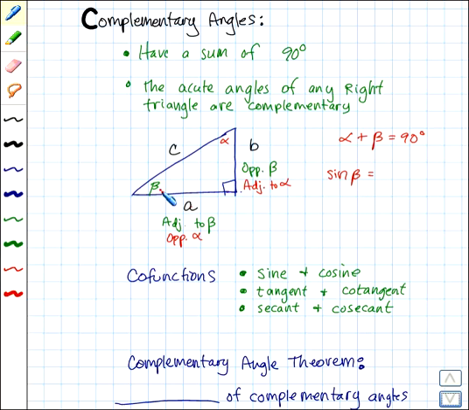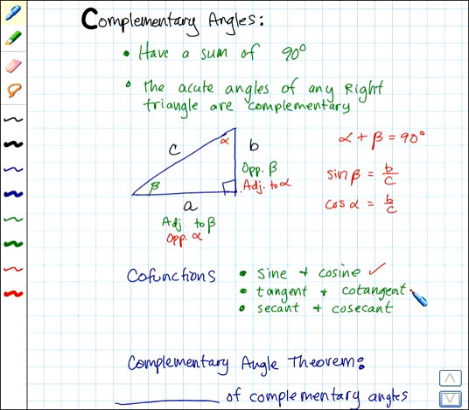Remember opposite over hypotenuse, we get side B over C. Now, what if we look at the cosine of alpha? Cosine of alpha gives us adjacent over hypotenuse, or B over C. They're the same values. The sine of beta and the cosine of alpha are both B over C. Because of this, we call sine and cosine cofunctions.